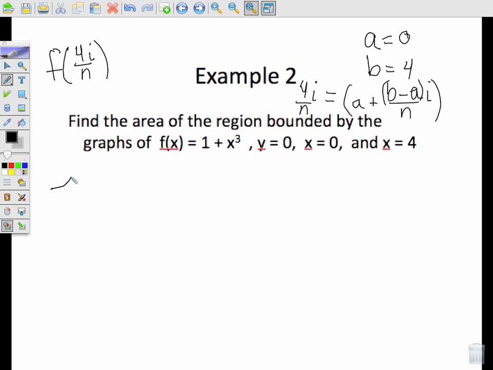We have to find f of 4i over n. All right, so we've got the limit as n approaches infinity of the summation as i goes from 1 to n, and I have to find f of 4i over n, so that's going to be 1 plus 4i over n, to the third power.